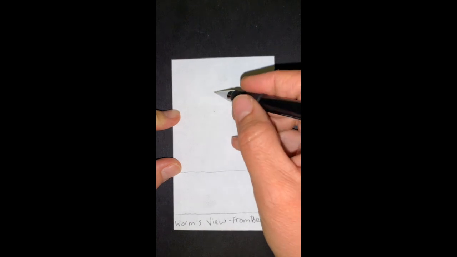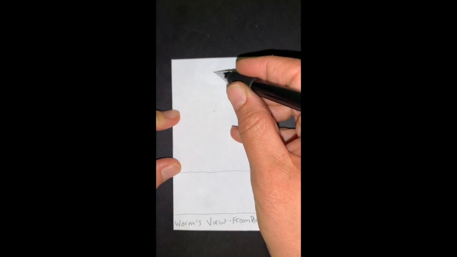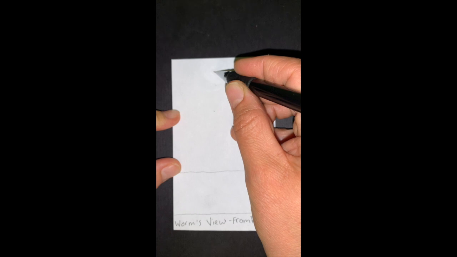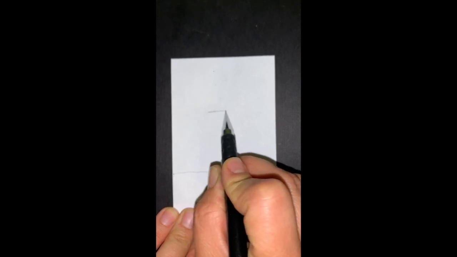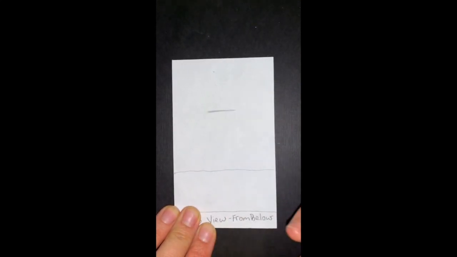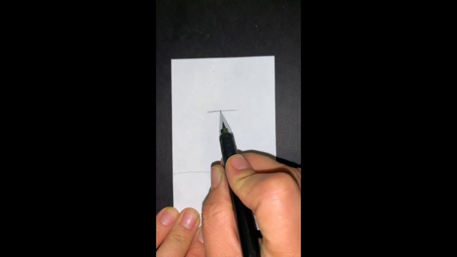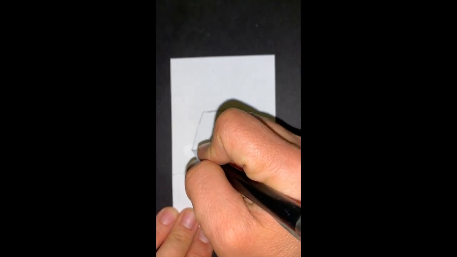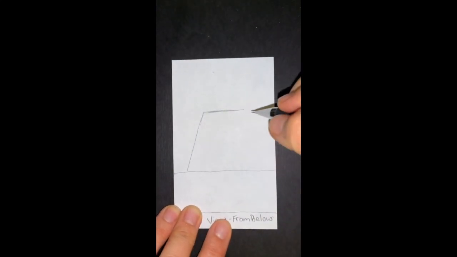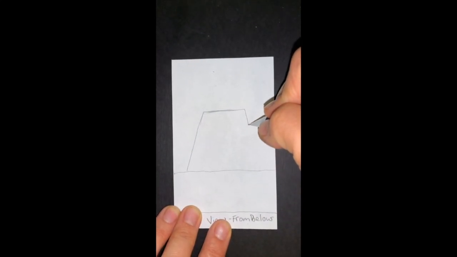I'm just going to put a line here so I have a reference, and then we'll need 2 more here and here-ish. And it's going to come towards us. That means these lines are going to be at an angle to make it look massive. At first, this is going to look like a stepped pyramid.